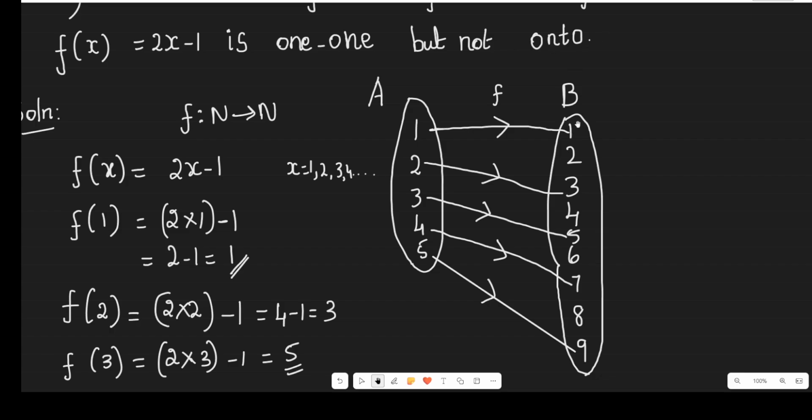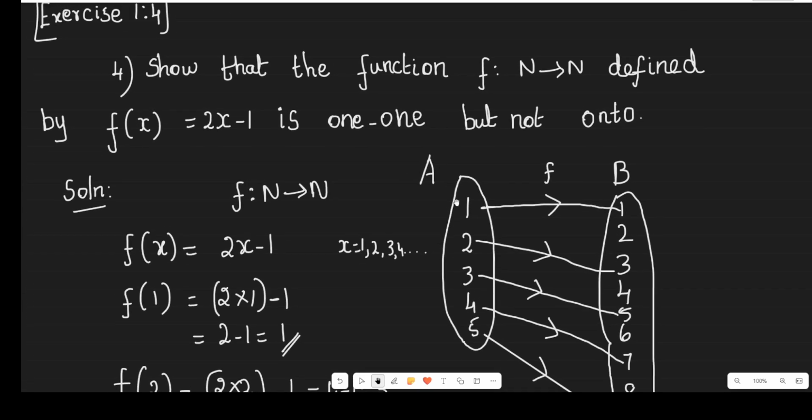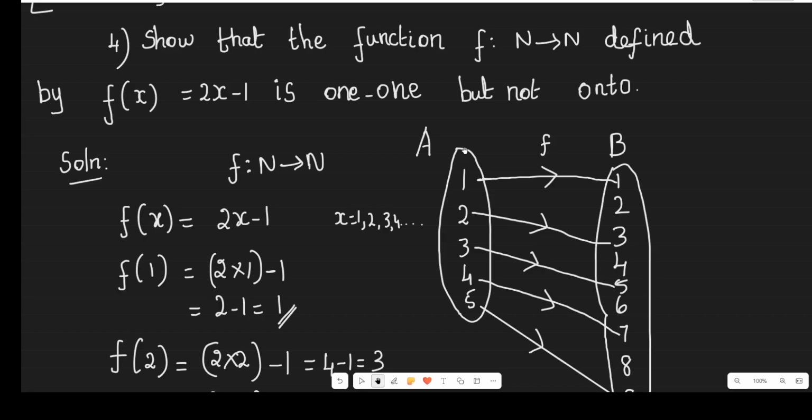If a particular function is onto, the second set of elements should have the relation. Here some of the elements are not having the relation, so this function is not an onto function, but it is exactly a one-to-one function. So we have shown that this function is one-to-one but not onto.